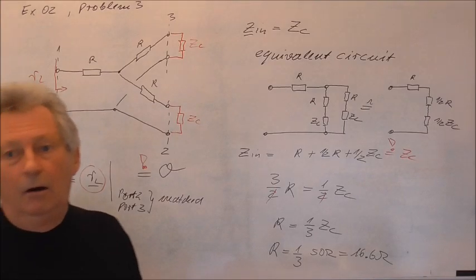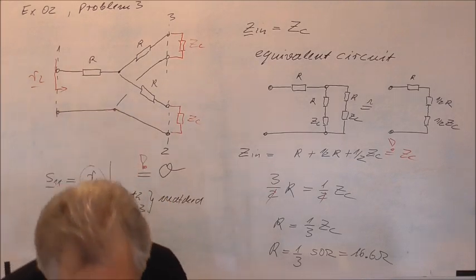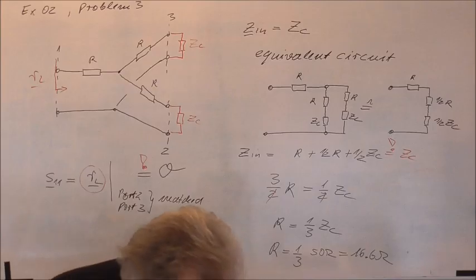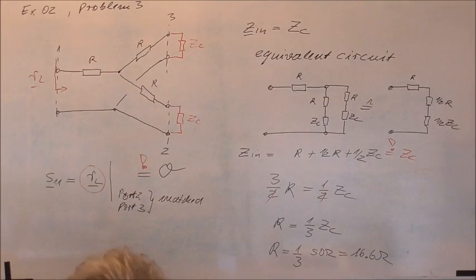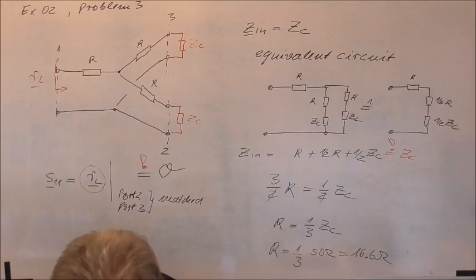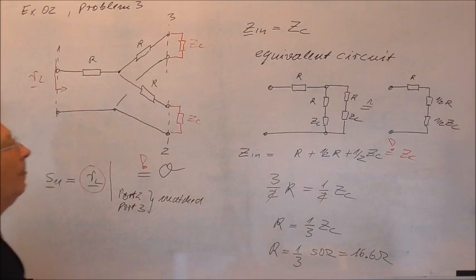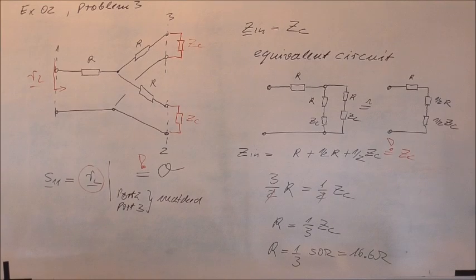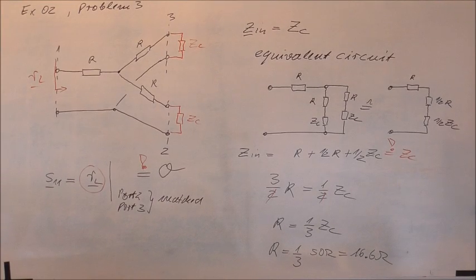Could you follow there, or are there some questions now? Sorry. Yeah. So we only need to look into port 1. Do we need to consider port 2 and port 3 also?